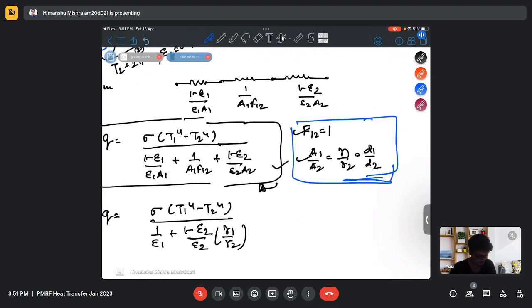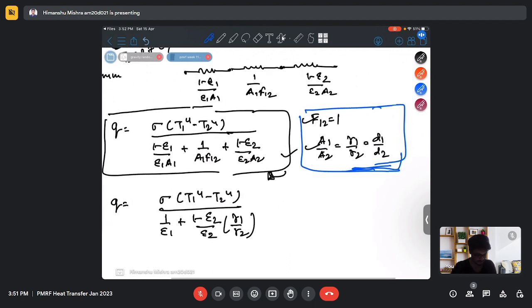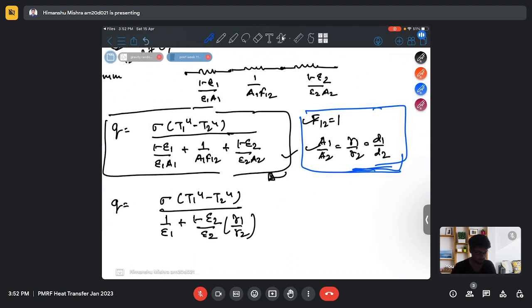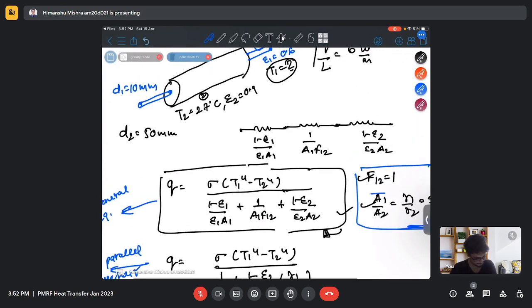We got this from two basic fundamental concepts given in the question, because it says long cylinder, which means the area ratio A1 by A2 is equal to R1 by R2, and my shape factor F12 will be 1, which means all the radiation coming from surface 1 will go to surface 2.